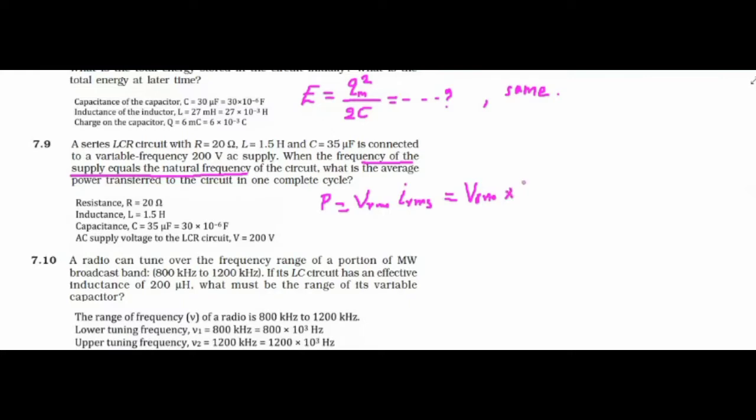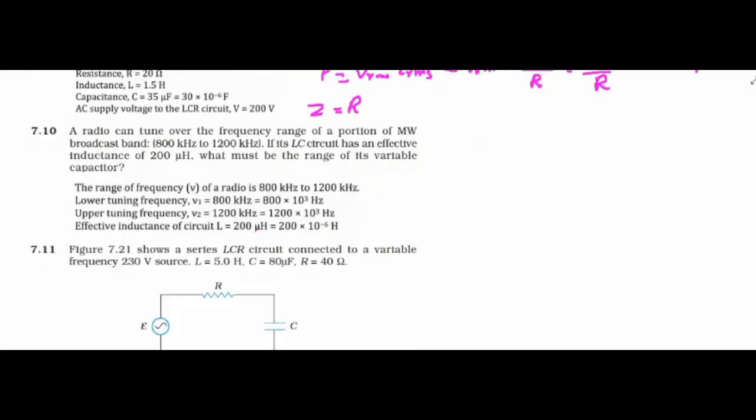IRMS can be written as VRMS divided by Z, and at resonance Z is equal to R. So in this case, the total impedance of the circuit Z is equal to R. Therefore, you can use the formula VRMS square divided by R. VRMS is given in the question as 200 volt, so the power in one complete cycle can be calculated.